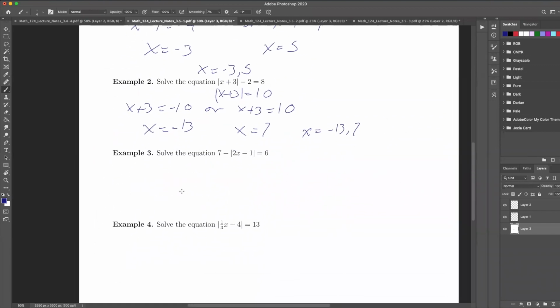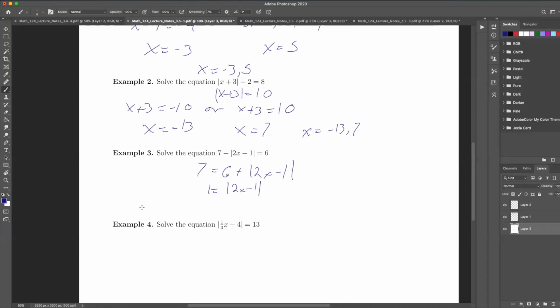All right, let's go ahead and solve this one. And so here, we're going to move everything to one side. So I'm going to have 7 is equal to 6 plus the absolute value of 2x minus 1, move this over. So I'll have 1 equals the absolute value of 2x minus 1.